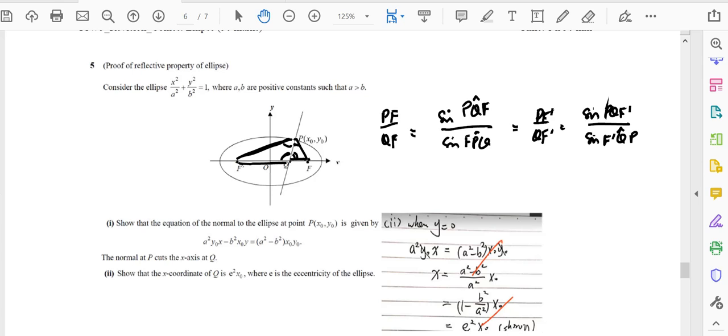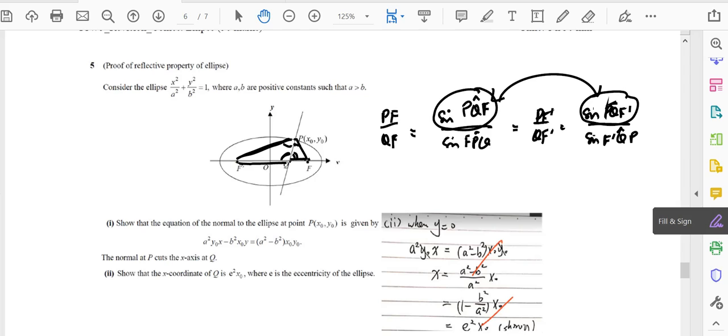So the ratio of these sines are equal. Now, sine of PQF and sine of PQF prime: these two angles are adjacent angles, so they add up to 180. If they add up to 180, the sine values are the same.